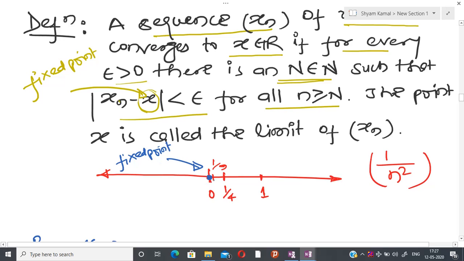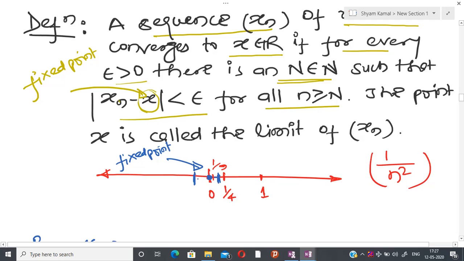Now if you create the distance from each term of the sequence, this is the notion of a ball. Here in one dimension, a ball is nothing but some kind of straight line.